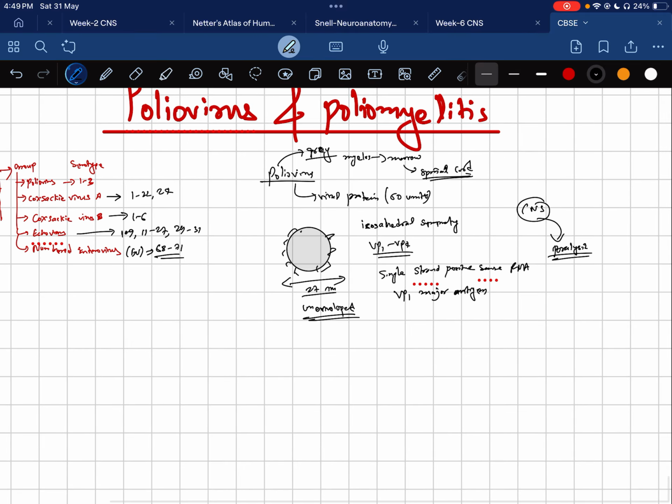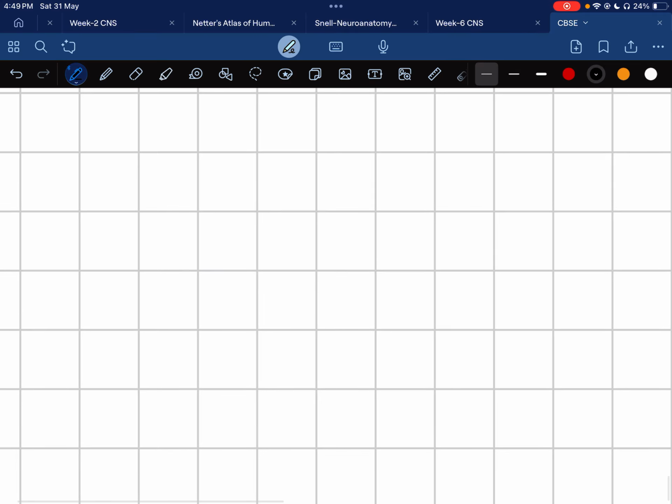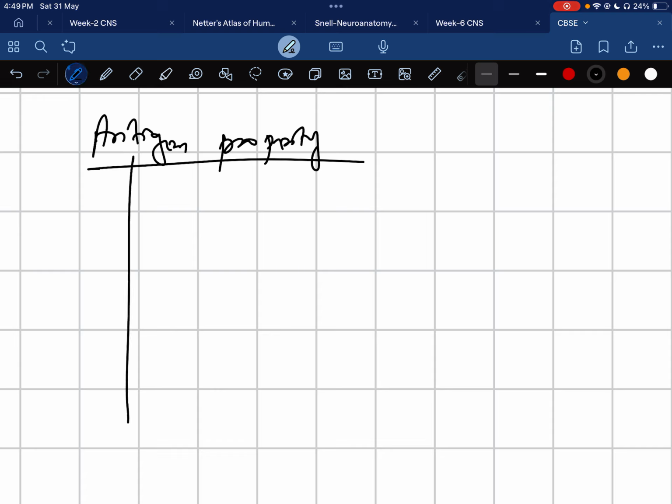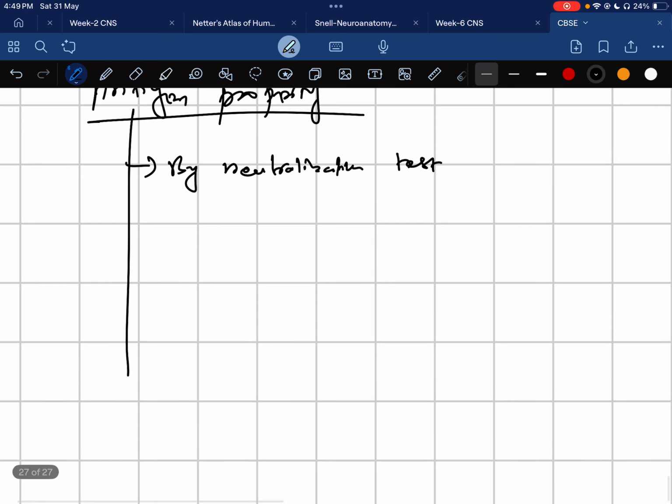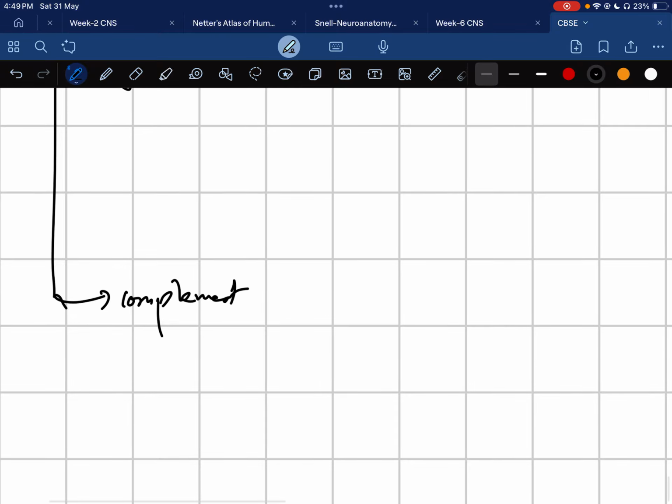Regarding the antigenic property of the poliovirus, the antigens are classified by the neutralization test and by the complement fixation test or ELISA.